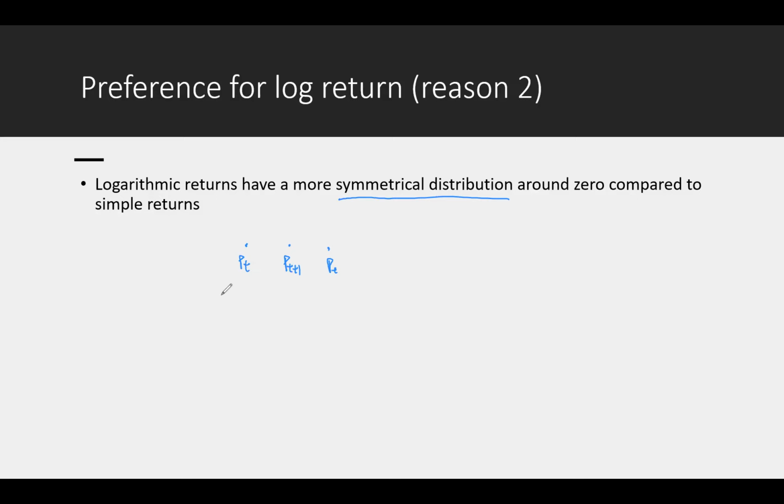So if we were to calculate the log return in the first period, then our log return will have log P of t plus 1 over P of t, right? The second period log return will give us log P of t over P of t plus 1, right?